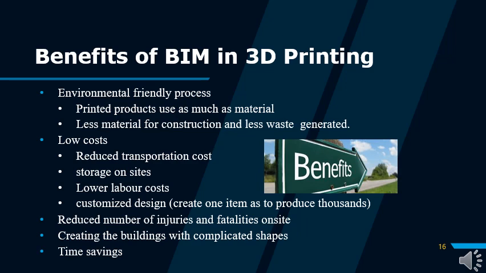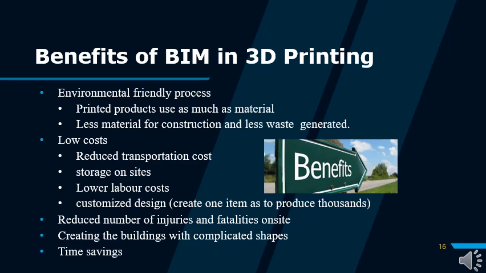Secondly, 3D printing could lower the cost. Compared with the traditional construction method, the cost of 3D printing construction components is much lower, even though the transportation cost of the printer would be high as the size of the printers currently needed for construction is large.